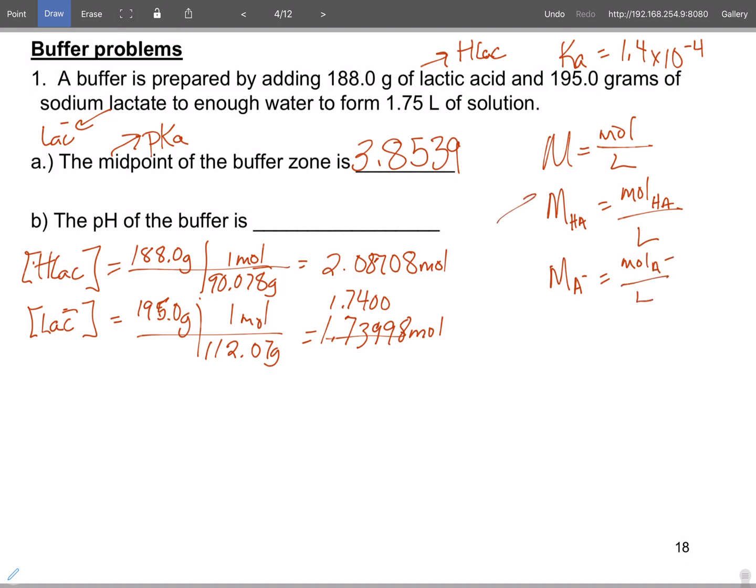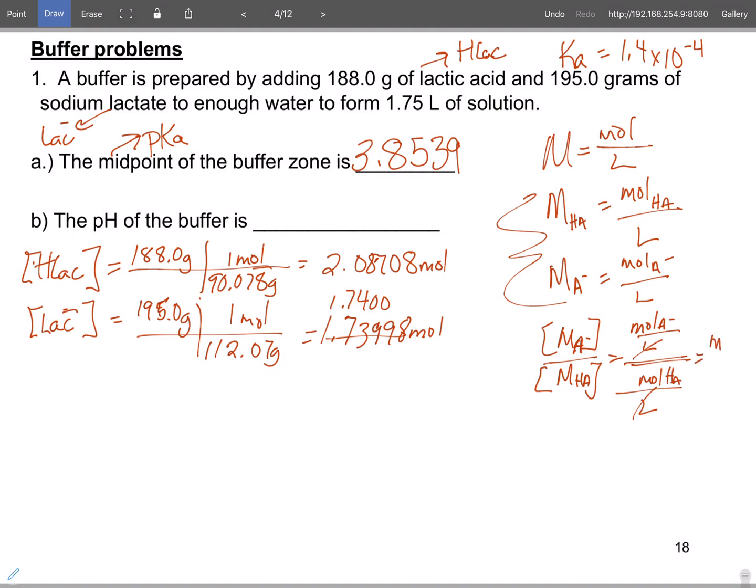So if you ratio these, you get the molarity of A minus over the molarity of HA, and you flip them because that's what's in the Henderson-Hasselbalch equation. So then what you end up with is the moles of A minus over liters divided by moles of HA over liters. Well, the liters are the same. So the net effect, and this only works for the Henderson-Hasselbalch equation, but it makes your life a whole lot easier. All you have to know is the moles.